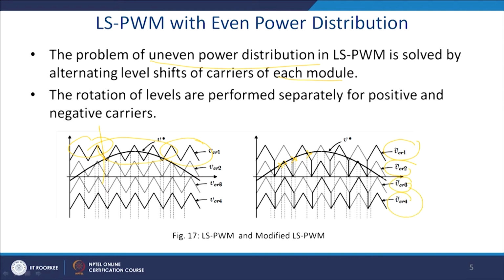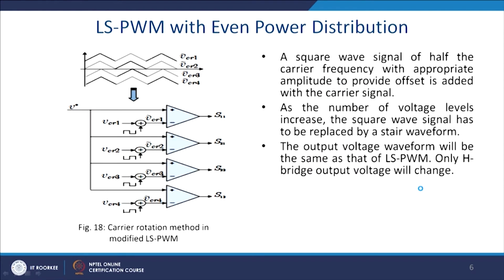You can see that these carriers are crossing, but if you interchange CR1 and CR2 in some half cycle, then we can optimize the losses. See what happened here. This is the V reference that is required to be tracked, the modulating wave, and you compare it with CR1, and ultimately you will have CR prime.